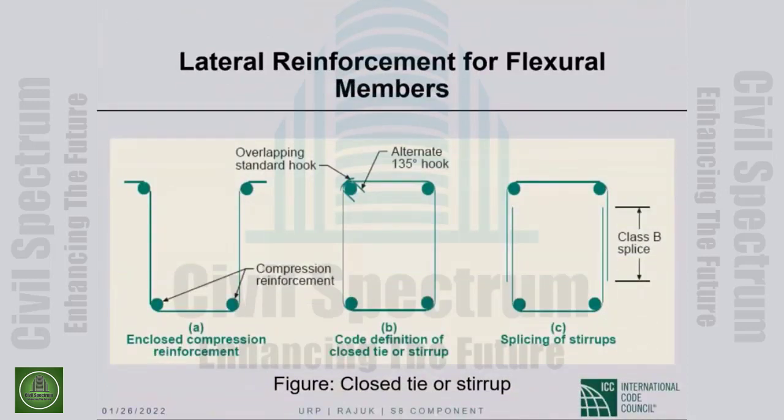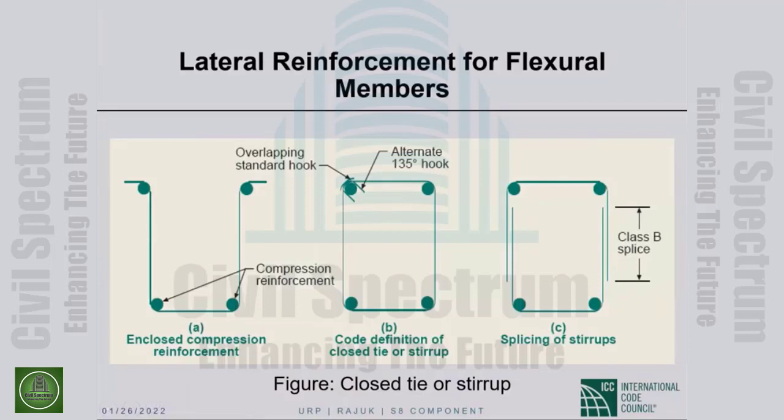This is the story. Compression reinforcement is here. This kind of a stirrup would enclose the compression reinforcement. If we want closed transverse reinforcement, this is a way of closing the transverse reinforcement with 135-degree hooks.